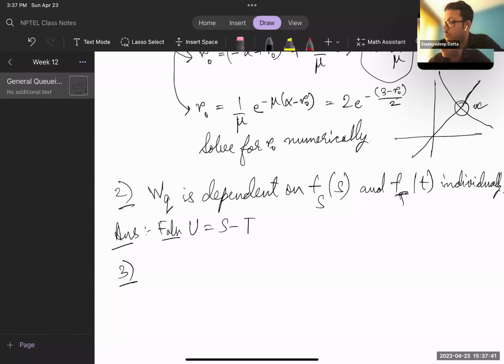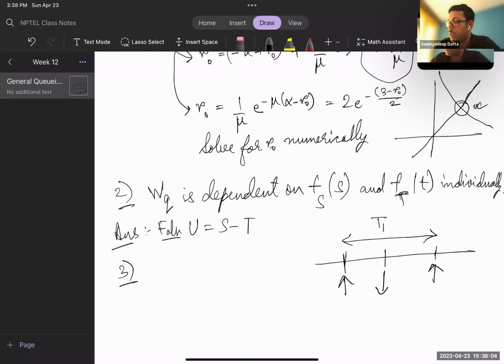So if we draw a timeline, there is a point in time at which a customer arrives. There is a point in time at which a customer departs, and then there is a point in time at which the next customer arrives, and the service starts again. So we have this interval, which we can call T1, and then we have this interval, which we can call T2.